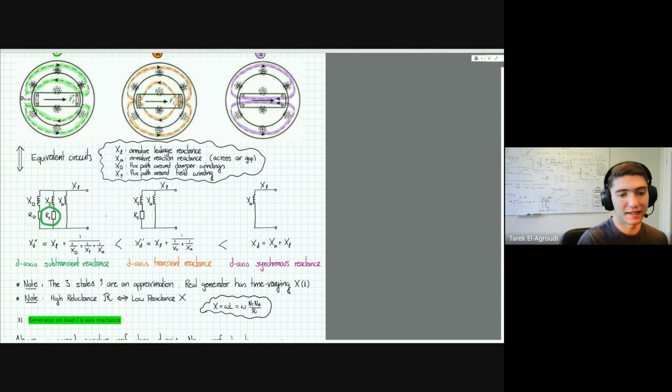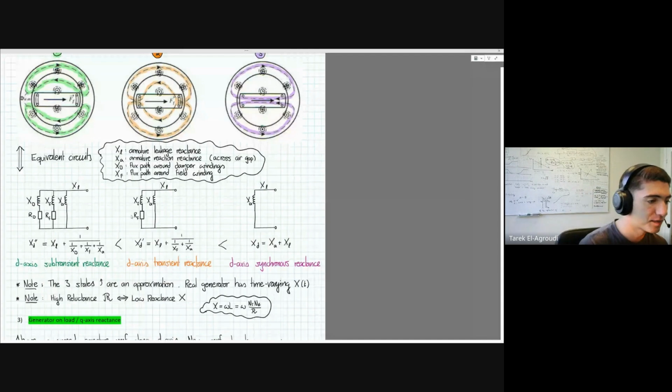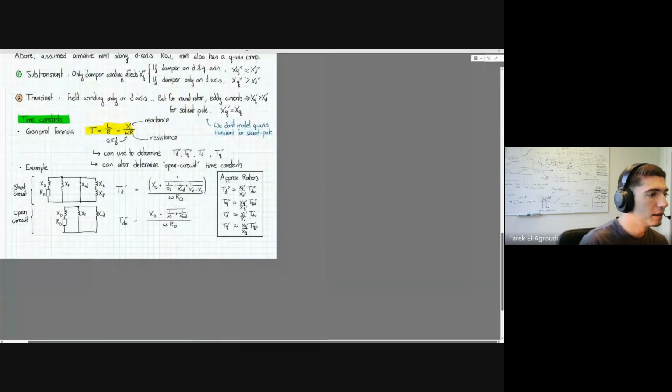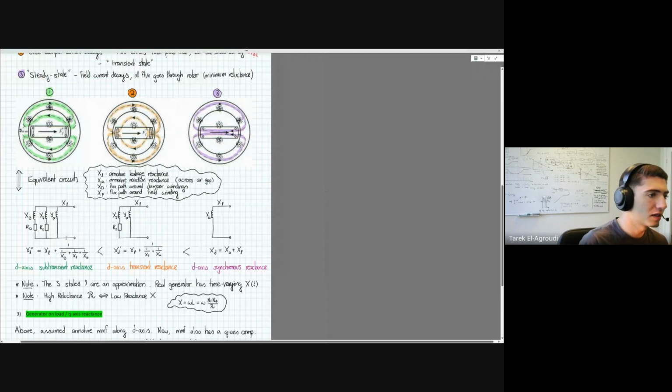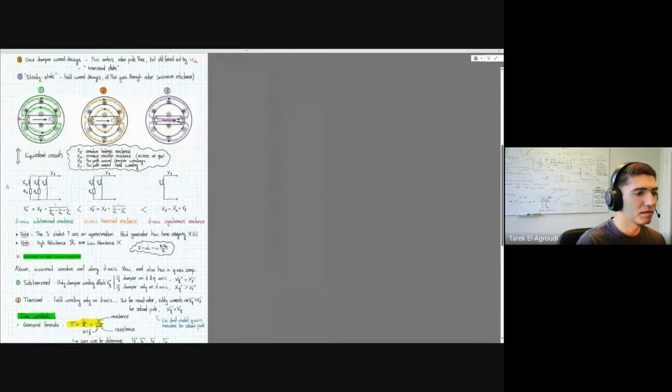Often you can neglect the resistance in the field windings, at least during this initial state. And therefore this time constant for the subtransient dynamics is very quick. It's just a few milliseconds, whereas for the transient dynamics, it's usually a few seconds. That's enough intuition about what these different things are.